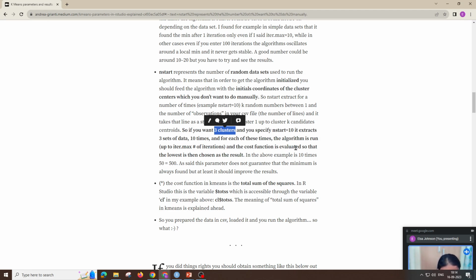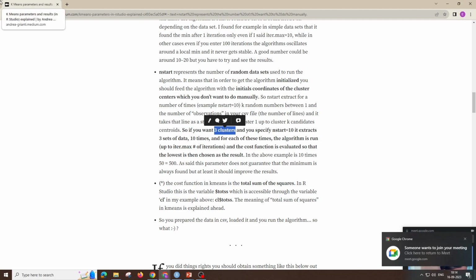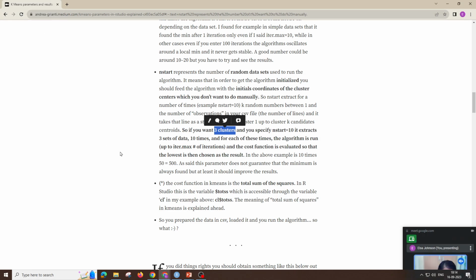The cost function is evaluated so that the lowest is chosen as the result. This is what usually happens in k-means clustering.